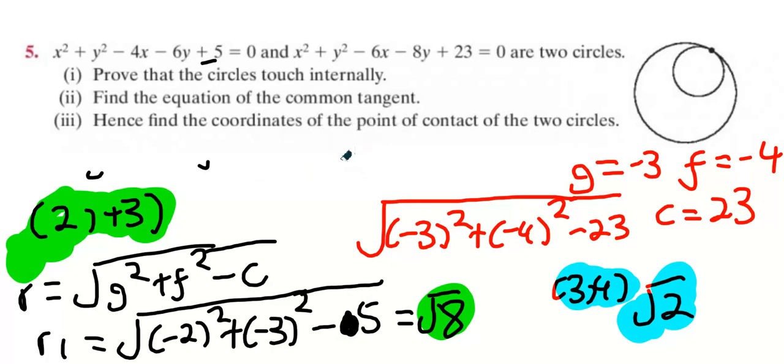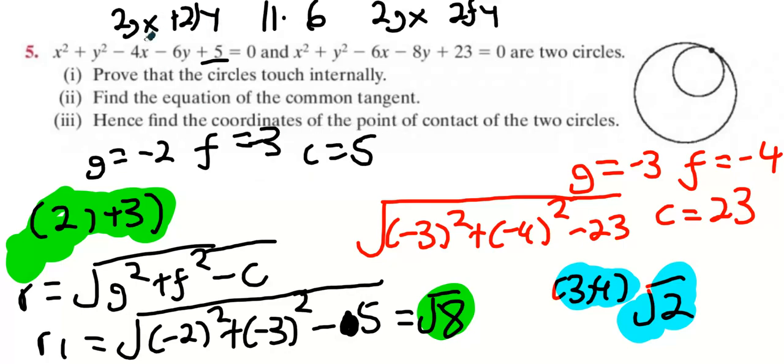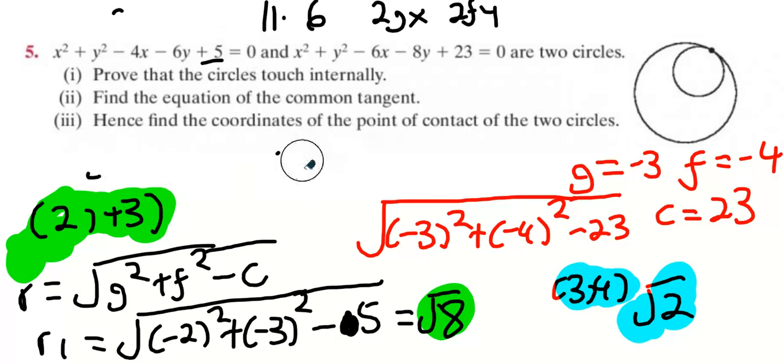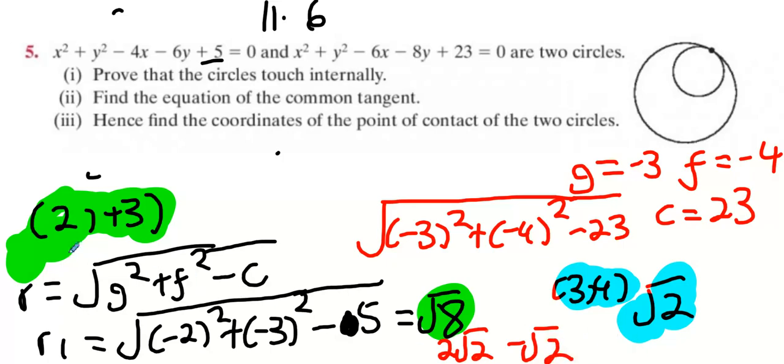R1 minus R2. Okay. So what is R1 take away R2? What's root 8 take away root 2? Because oddly enough, root 8, when you throw it into the calculator, is 2 root 2. And 2 root 2 take away root 2 is root 2.